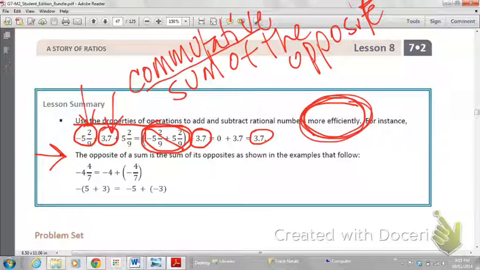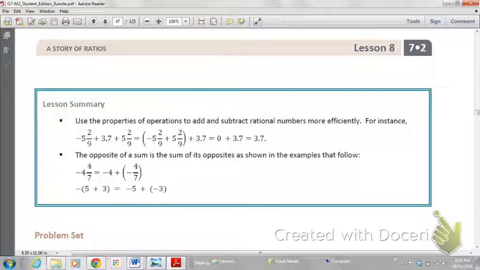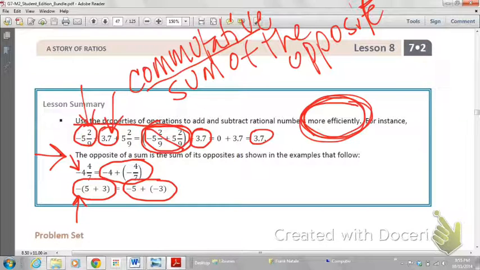Negative 4 and 4/7 is actually the sum of its parts, and the opposite of 5 plus 3 is negative 5 plus negative 3, because that negative sign applies to both parts of that number. When you apply these rules to the problems we've been doing, you'll see that it makes you much more efficient and makes you a happy person.